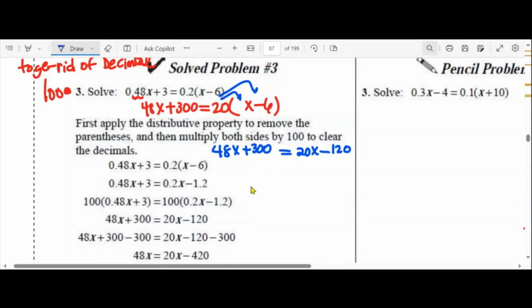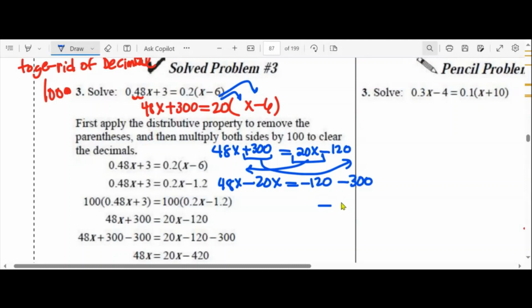Now, can I move x to the left side? Can I move the 300 to the right side? Yes. So 48x minus 20x equals negative 120 minus 300. So they give you what? Negative 420. How much is this? 28x.